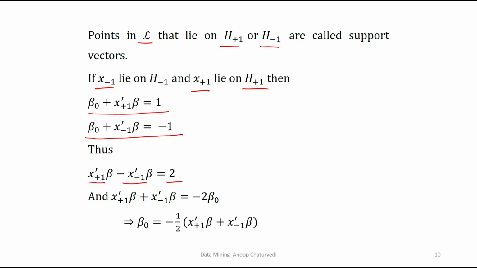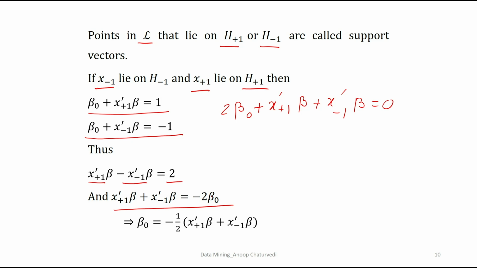Further, if we add these two equations, then we obtain twice beta naught plus (x plus 1) transpose beta plus (x minus 1) transpose beta equal to 0, or we get (x plus 1) transpose beta plus (x minus 1) transpose beta equal to minus twice beta naught.